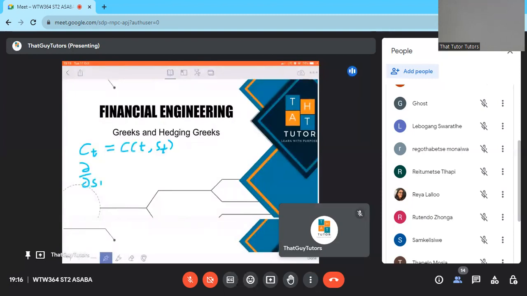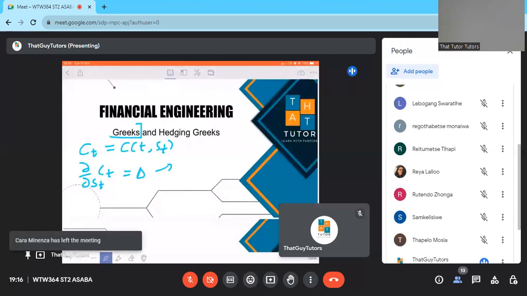So this delta is a Greek. When they tell you about the Greeks, just know that it is the derivative with respect to a certain parameter. It tells you how, for each unit of the parameter, the value of your claim would change. This claim can be anything. I just used a call to describe what this parameter is. I just wanted to give you that introduction, but I am going to talk about them in detail.